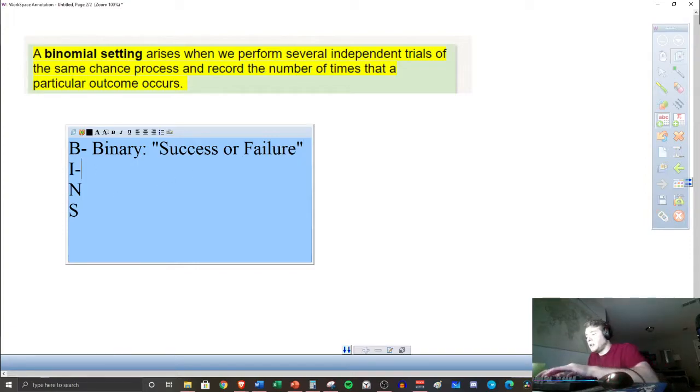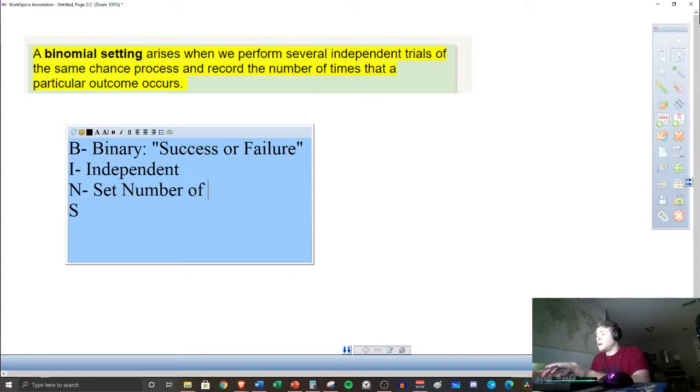Next, independent. Hopefully we know what that means by now. We've talked about independence so much, and I told you early on that it was going to be important. This means one probability does not affect the next. If it does, then we can't do calculations, which we're going to get to soon. But today we're just introducing the idea. Next, N, set number of trials.